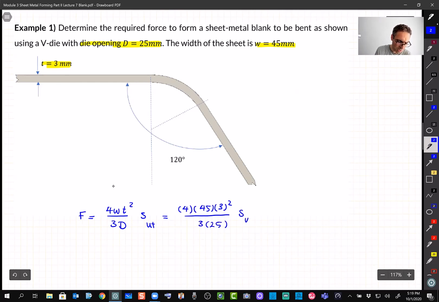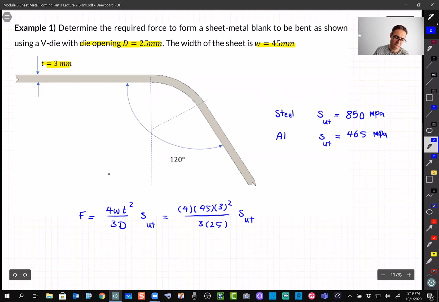So SUT depends on the material. Let's say in this example, if this sheet is made out of steel, then we go to our table and look up the SUT for the type of steel that we want to use here. The number is maybe 850 megapascal or around that. If it is aluminum, then SUT is smaller, 465 for one type of aluminum. I just want to give you an idea.